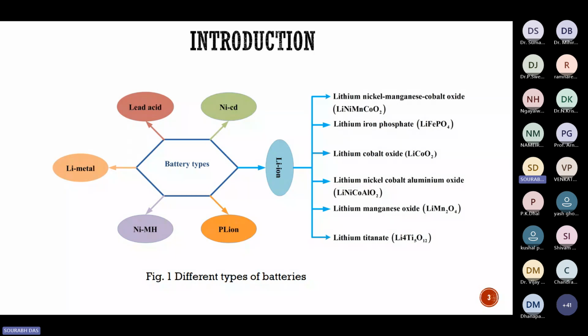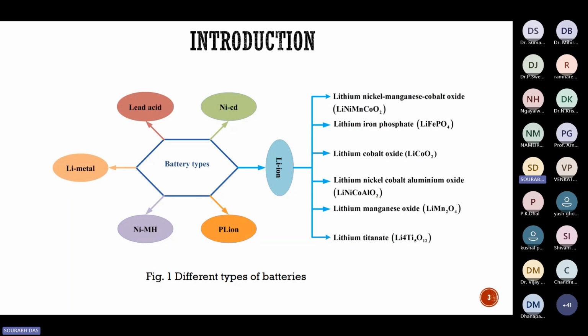Then nickel cobalt aluminum oxide also offers high energy density and long lifespan, and it is used in Tesla vehicles, but the same problem is here also, cobalt is there. That's why Tesla is right now not using this type of battery. So they are going for the lithium iron phosphate battery.